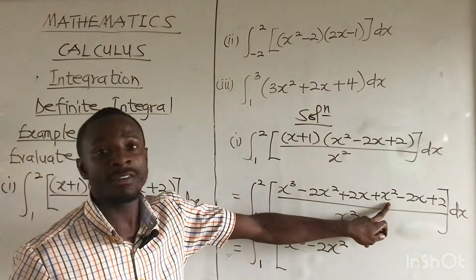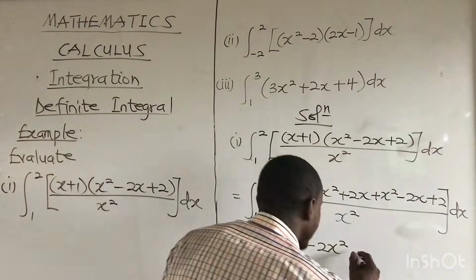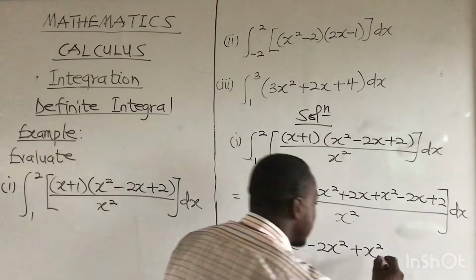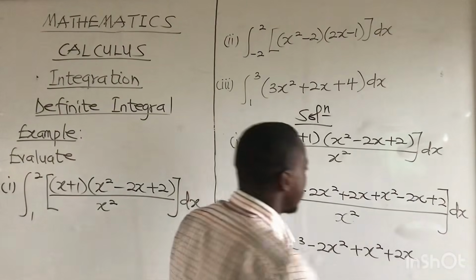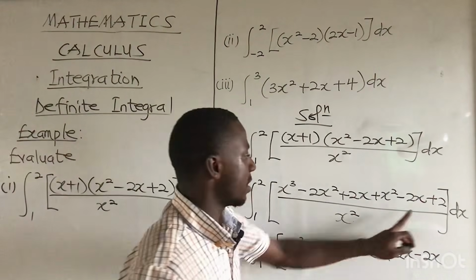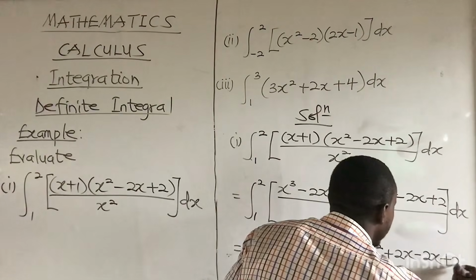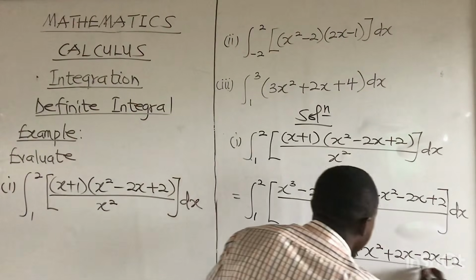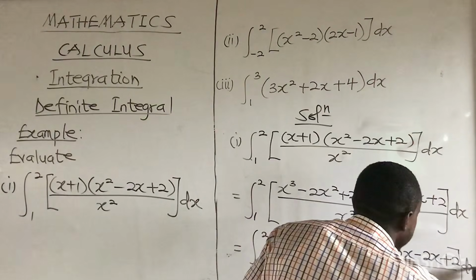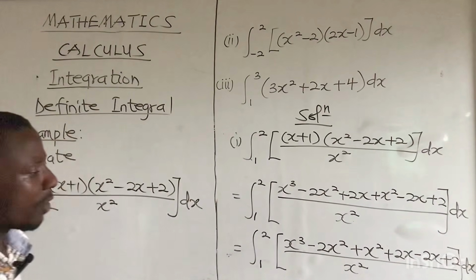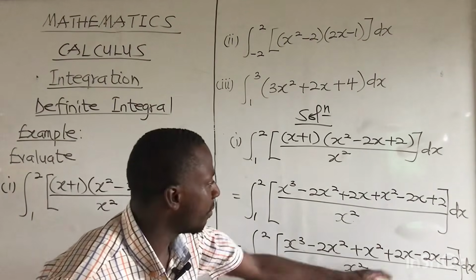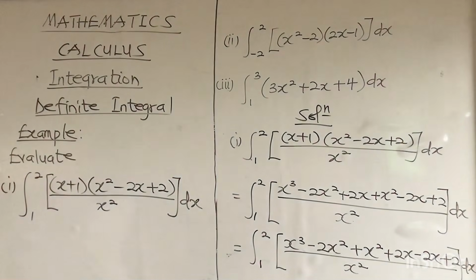We also have positive x squared, then positive 2x, then we have minus 2x, then plus 2 all over x squared dx. Now when we get here, we can see that we can evaluate some of them.